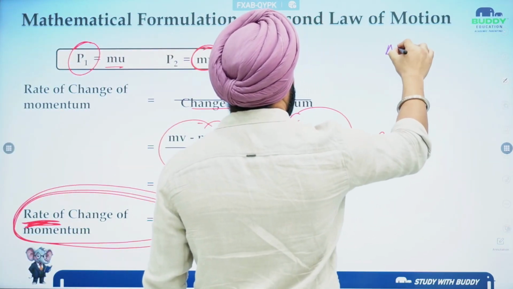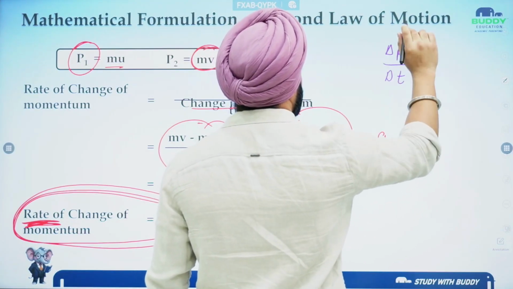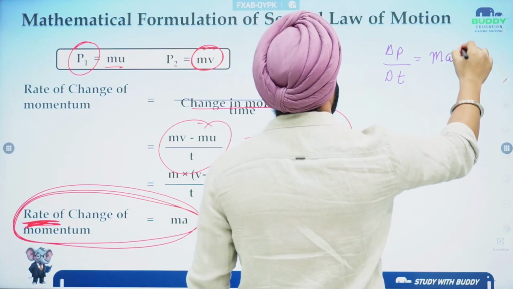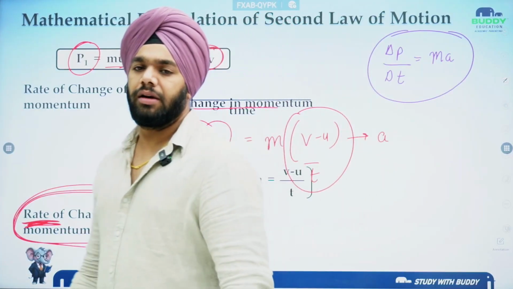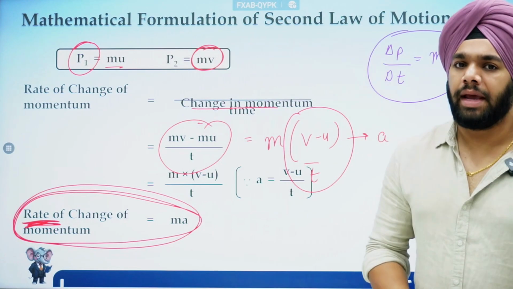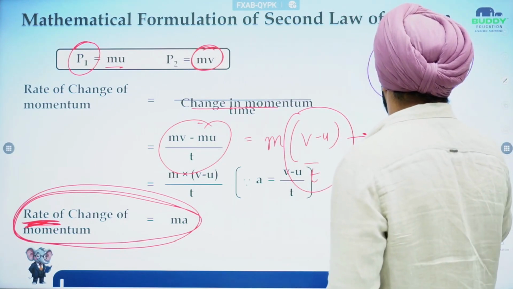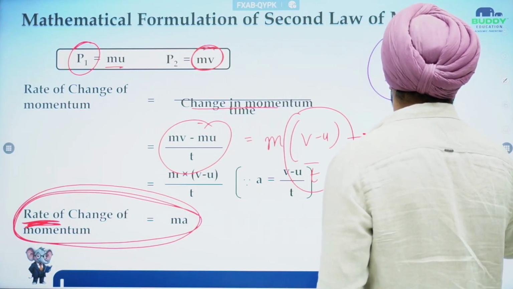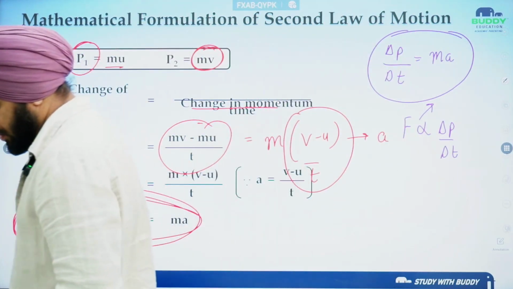Or you can also write it like this. This is more significant in physics: delta P by delta T is equal to ma, because delta P by delta T is the net force and ma is also related to net force. So delta P by delta T is equal to ma. In NCERT, when we write force is directly proportional to delta P by delta T, we remove this proportionality sign and put equal to.